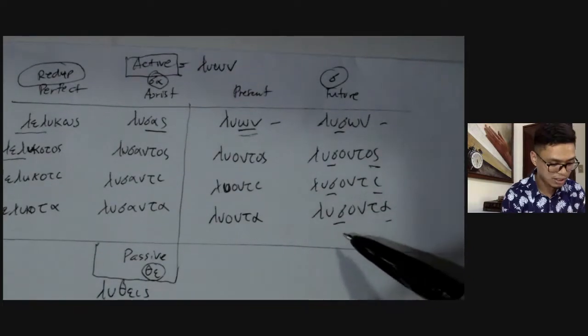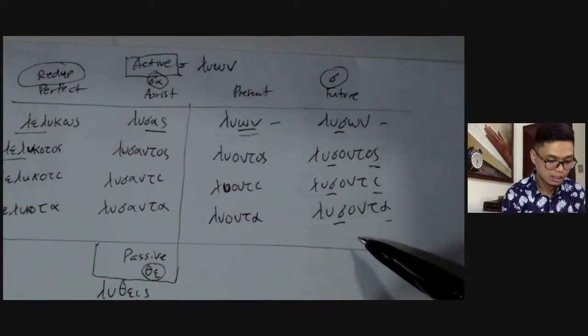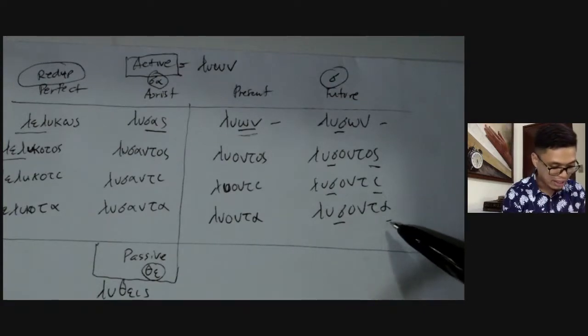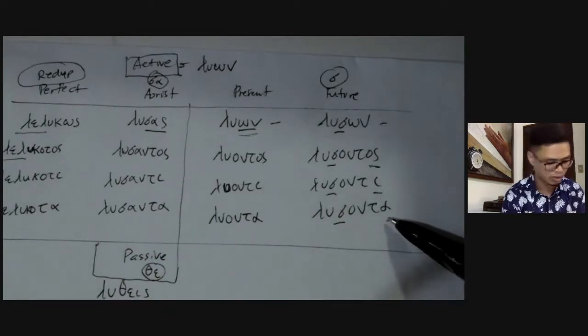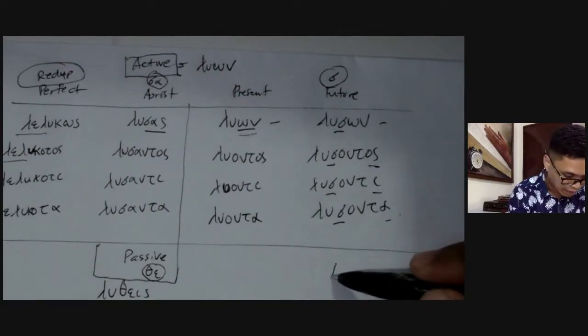So let's say, for example, let's parse this last word here, lusonta. Well, what you know, it's ont, so that is active because we are discussing the active participles. And you know that this ending a can be neuter, of course, but for our case here, we'll assume that it is masculine. It's the ending of the accusative masculine. I'm going to write the parsing here.